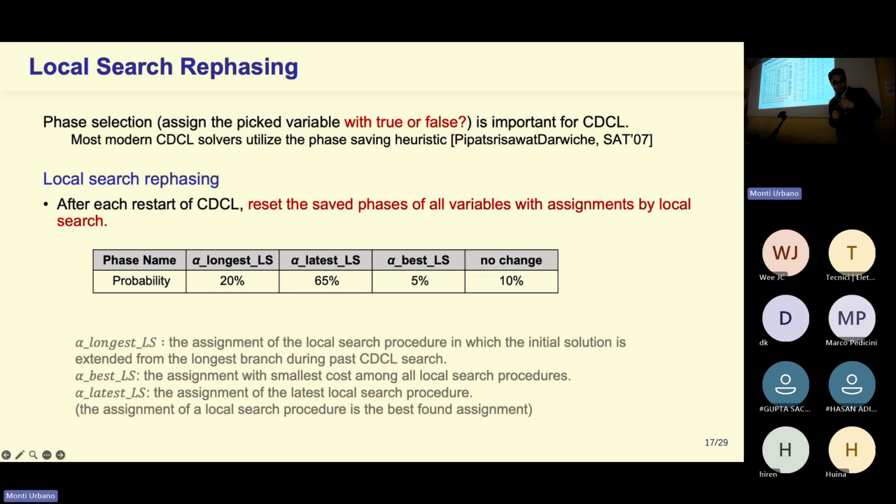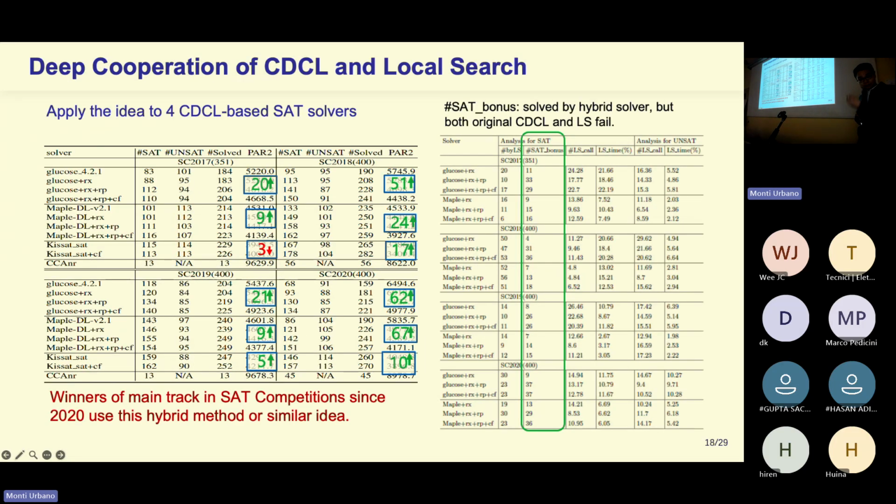And so these are the experiments. We apply the idea to 4 CDCL SAT solvers, including Glucose, Maple, and Kissat, and CCAnr is a local search solver. All the 4 CDCL solvers get significant improvements.